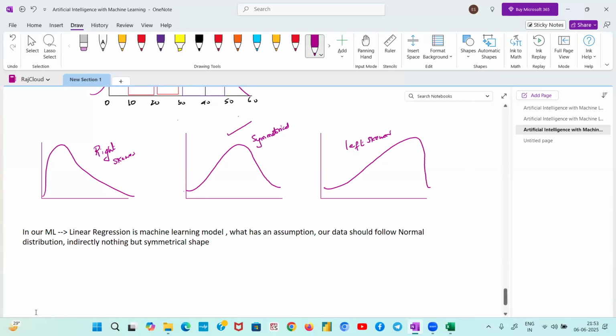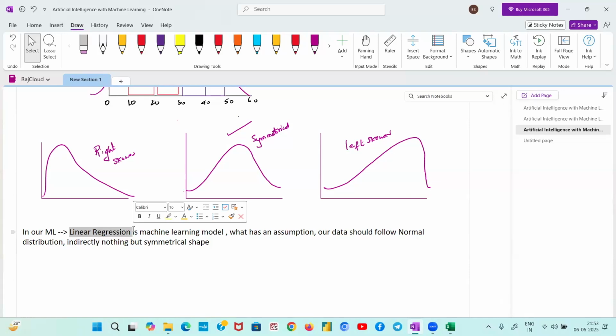So what does it mean? If my data is following normal distribution shape, then only am I allowed to work on linear regression. Yesterday also I discussed this linear regression as a fundamental topic. If my data is following normal distribution, then only I am allowed to work on linear regression. So normal distribution is nothing but what?